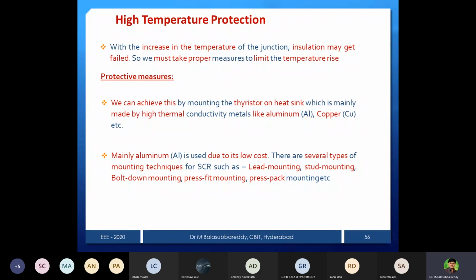Mainly aluminum is used due to low cost, and there are several types of mounting techniques for the SCR, such as lead mounting, stud mounting and bolt down mounting, because of the arrangement of the heat sink with the fitting of the device.